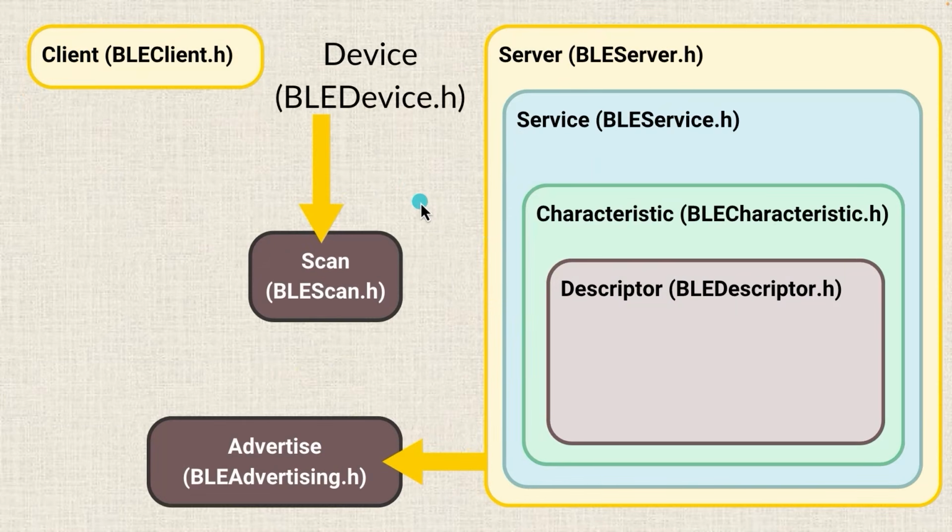Now, this is just like that previous slide. I just took some of the stuff out to make it hopefully a little more readable. But basically, you can see the idea of a server is encapsulated in the BLE Server class. And then we've got a BLE Service class, a BLE Characteristic class, we've got a BLE Scan class. Let's just say there's a lot of classes in this ESP32 BLE library.